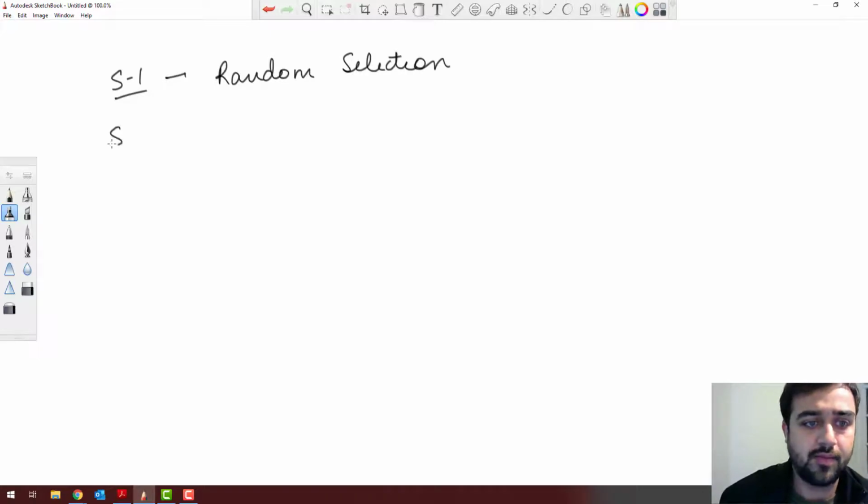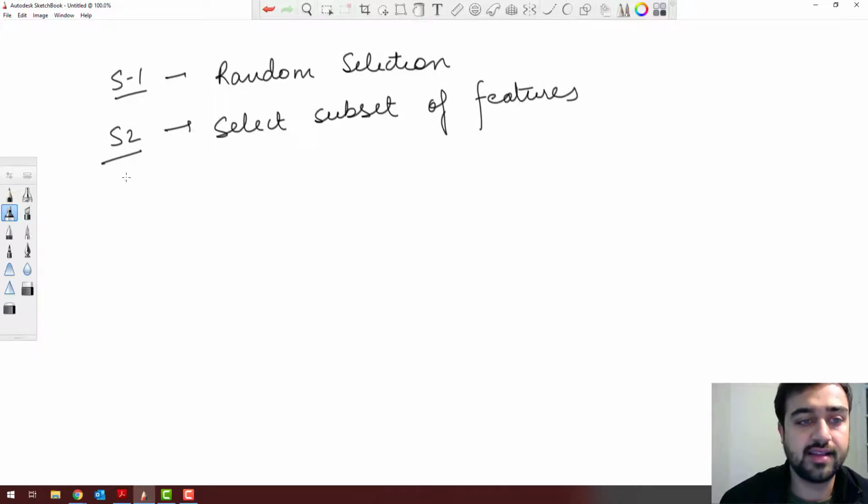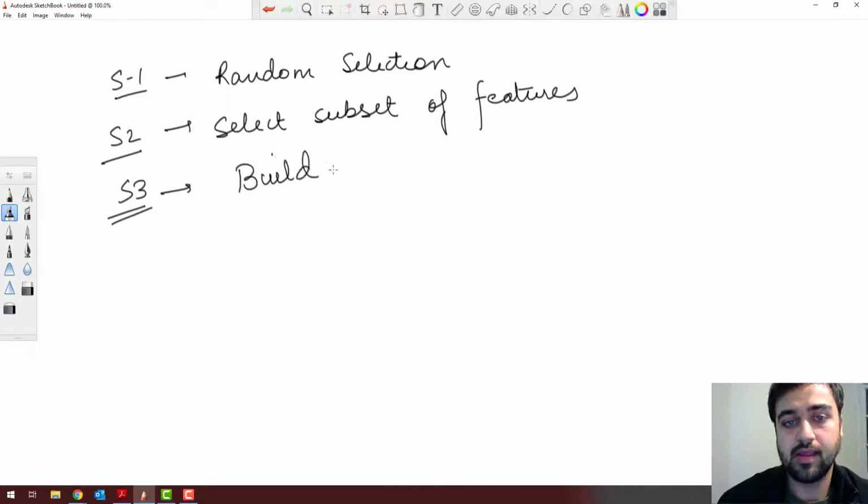That brings us to step 2: now we have to select a subset of features. After you've done selecting the subset of features, you get to step 3: you build a tree on these features, and that too without pruning.